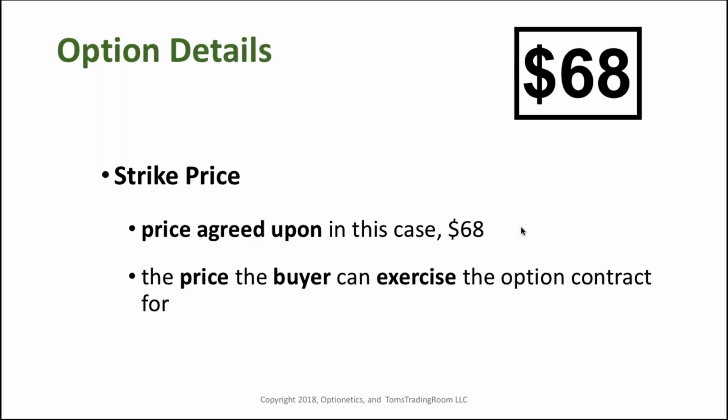But those are the two things that can be done. The third thing is, if you're a buyer, probably the worst thing you could do is let it expire worthless. Something that I try my hardest not to do. It's not that hard to do. You just set a stop for yourself and you get out in the case that things are not going your direction.